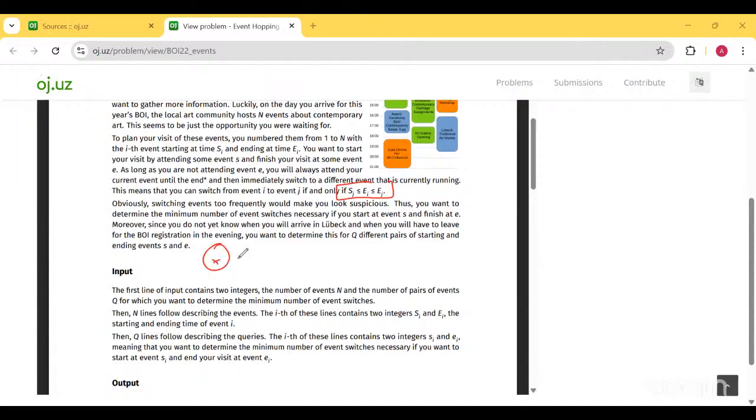So we can go from x to y if the endpoint of x is between the range of y, right? Okay.